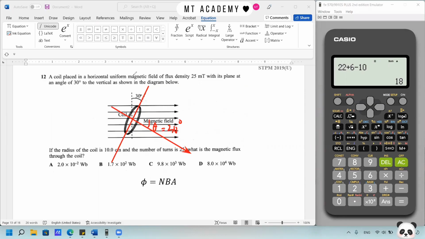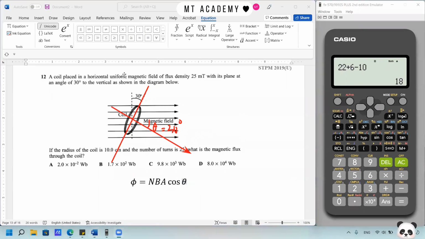So for this question, we actually use NBA cos theta. If you refer back to the previous past year, it is actually NBA sin theta. So you can compare these two questions to find out the difference and make sure you will be careful if there is a similar question in the future.